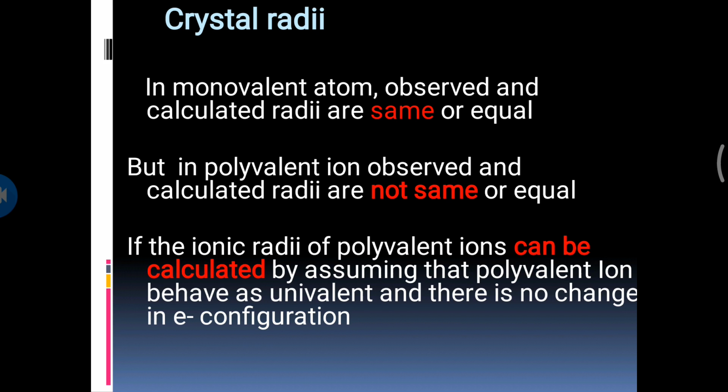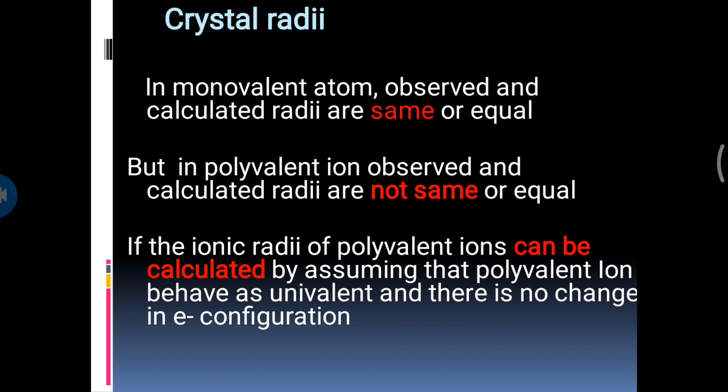In polyvalent radii, how can we calculate crystal radii? The ionic radii of polyvalent ions can be calculated by assuming that the polyvalent ion behaves as univalent and there is no change in electronic configuration. At that time we can calculate the crystal radii.